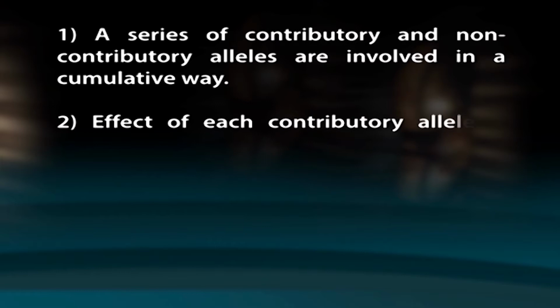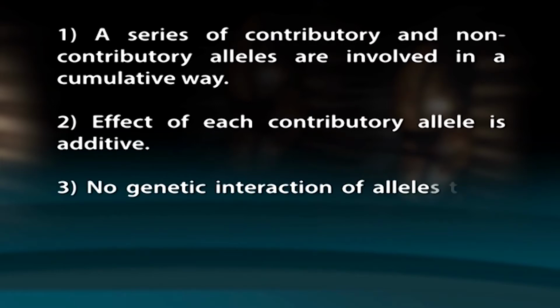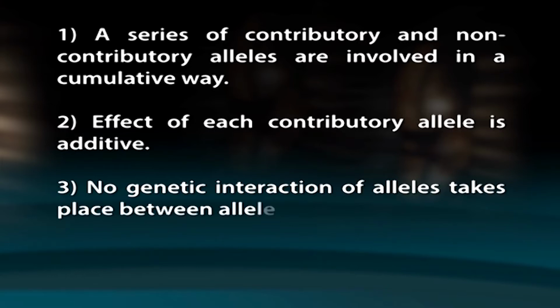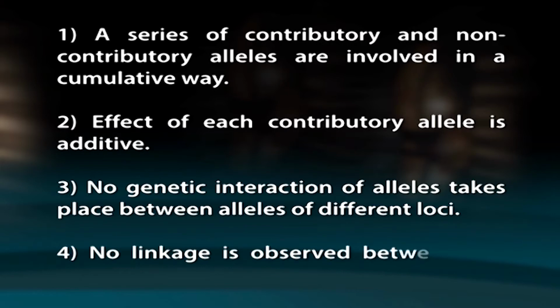The assumptions that can be made for understanding quantitative inheritance are: 1. A series of contributory and non-contributory alleles are involved in a cumulative way. 2. The effect of each contributory allele is additive. 3. No genetic interaction takes place between alleles of different loci. 4.